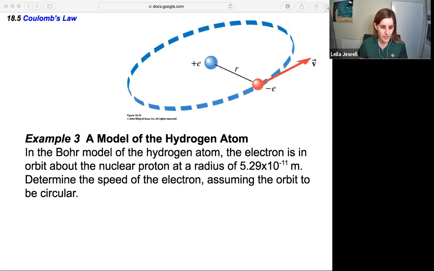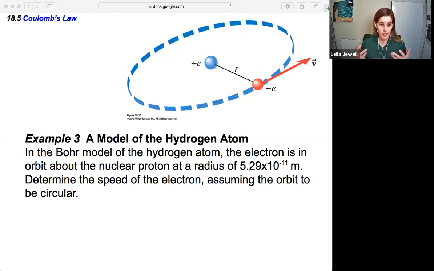Example 3, a model of the hydrogen atom. In the Bohr model of the hydrogen atom, the electron is in orbit around the nuclear proton at a radius of 5.29 times 10 to the negative 11 meters. Determine the speed of the electron, assuming the orbit to be circular. This is pretty nifty.